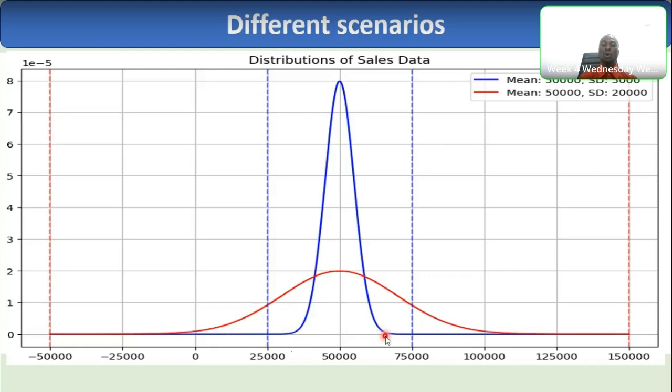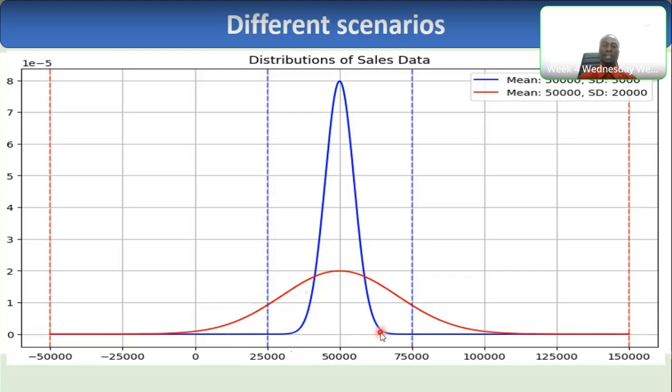However, the probability of having customers who will pay between, let's say, 30,000 to 60-something or 70,000 is very high. So almost everybody in this population is only willing to spend on our products between a price of 30,000 to a price of 70,000.